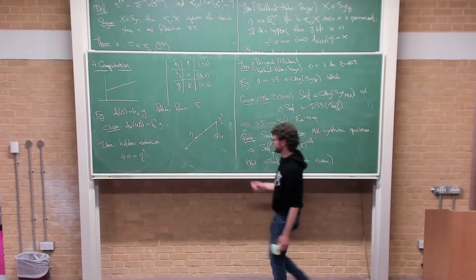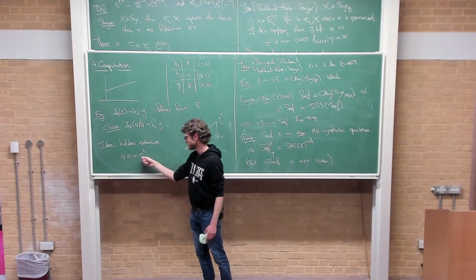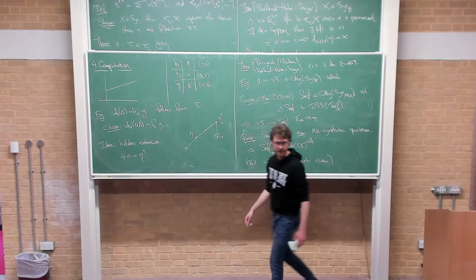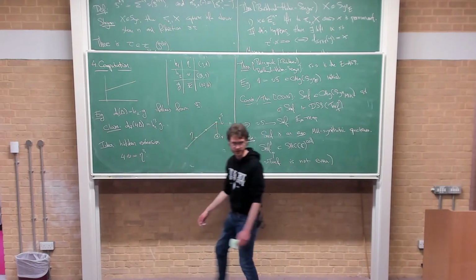Because the integers in Adams-Novikov have filtration 0. So this is filtration 0 and 1, and this is filtration 3, and in other words, the product 4 times H2 is 0 on the E2 page.